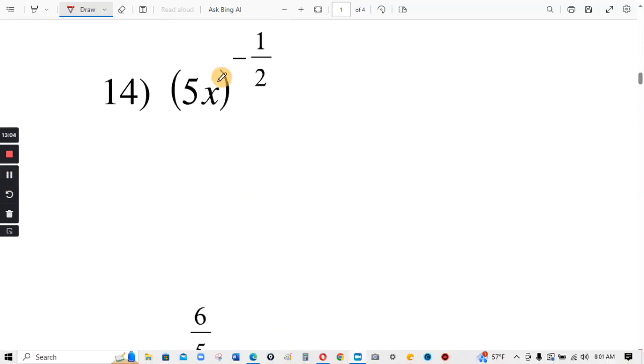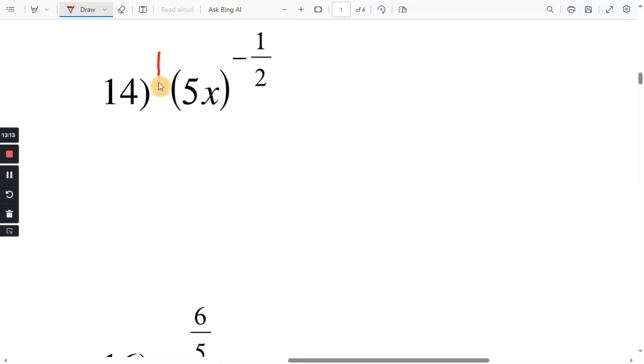All right, please try number 14. Okay, 14, we said you can just put the 1 out front, if that helps you, and make it 1 times this. And you can put a 1 in the denominator. Neither of those change the value, because times 1 divided by 1 does nothing.